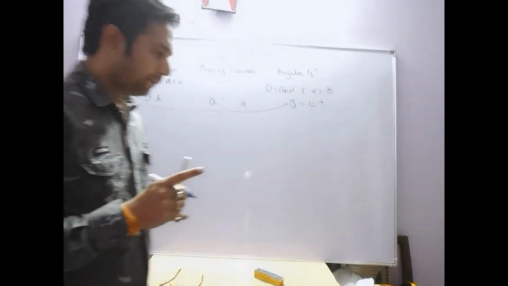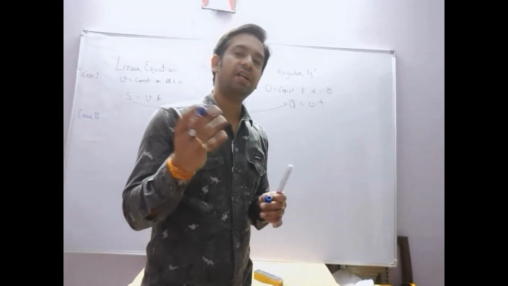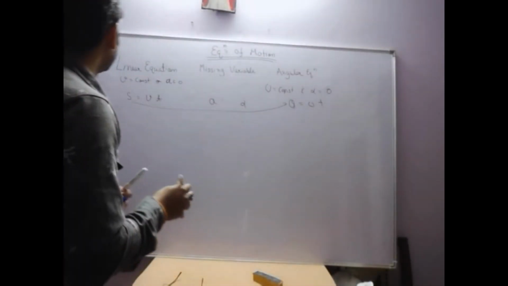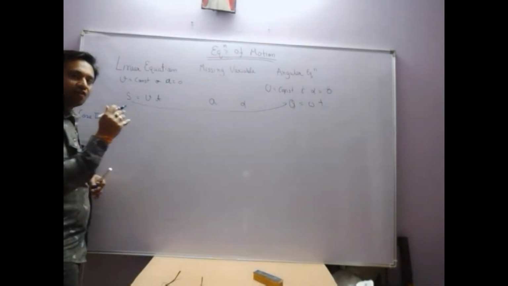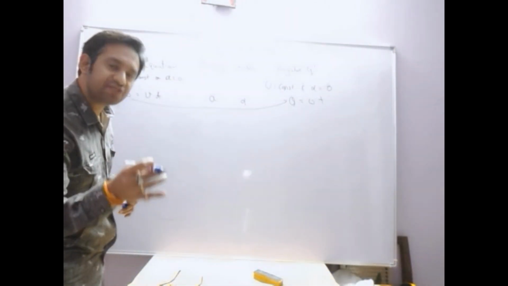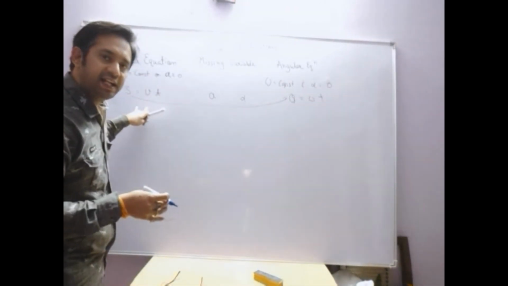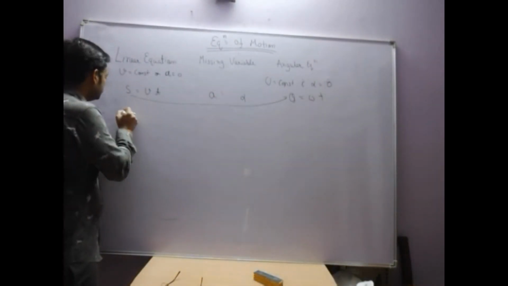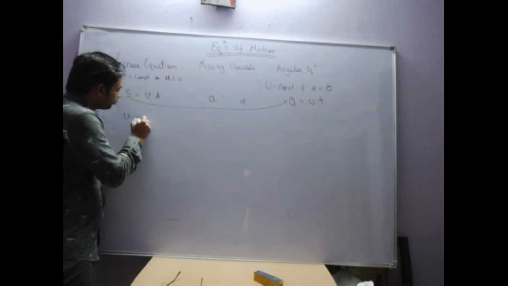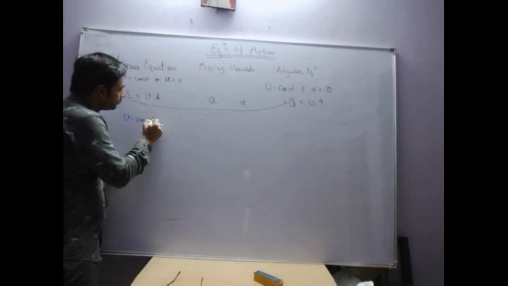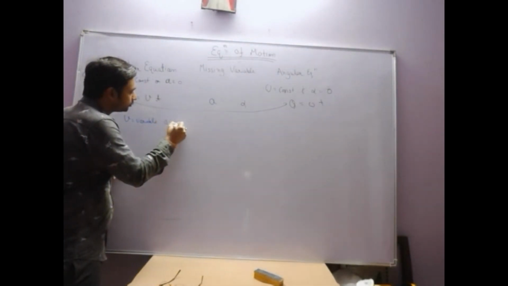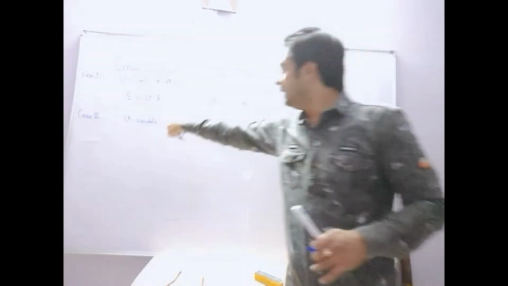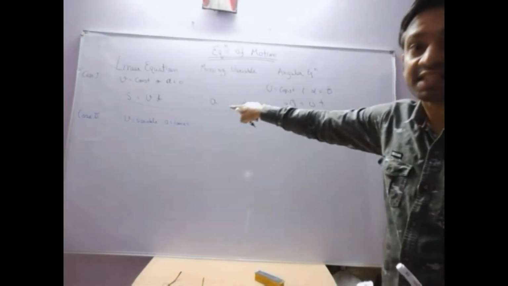Now, case second. Most of the problems we have done are from case second, that is, constant acceleration. Therefore, velocity is variable, or angular velocity is variable in rotational motion, linear or translational speed is variable, and acceleration is constant.